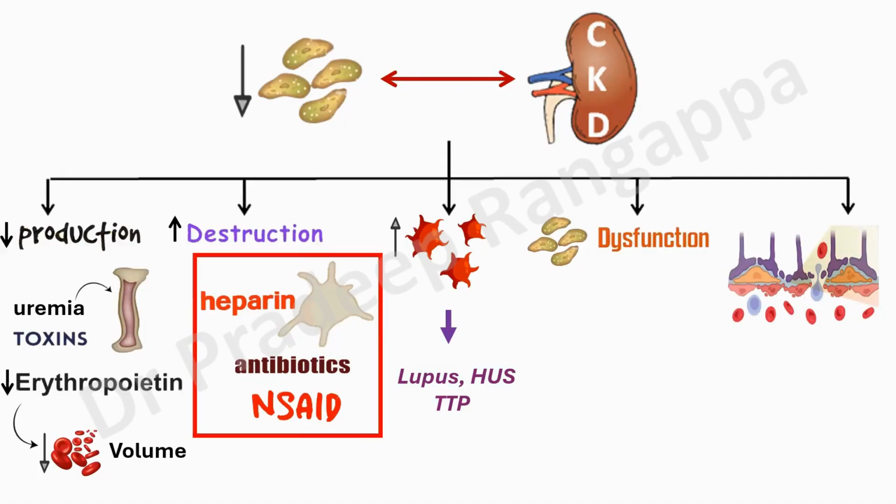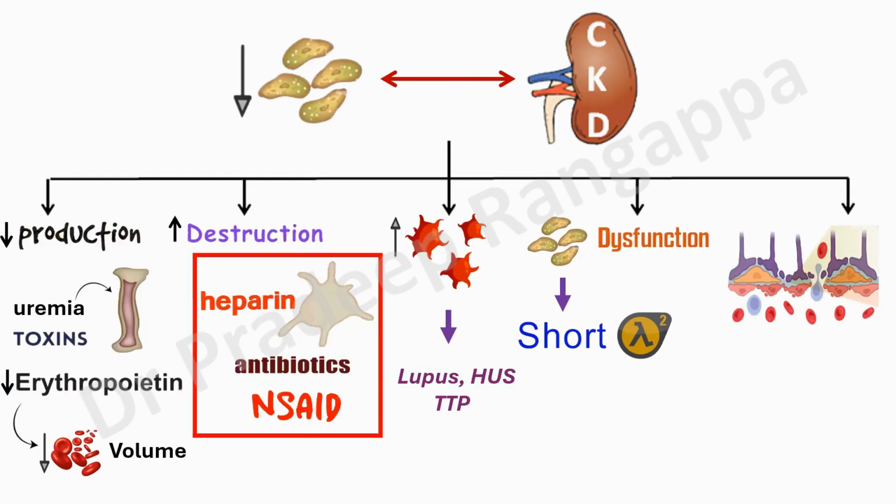Platelets get activated because of autoimmune mediation by a lot of different inflammatory mediators, and thrombocytopenia sets in. It is shown that the half-life of the platelets gets shortened. As I said, qualitatively also platelets become dysfunctional.